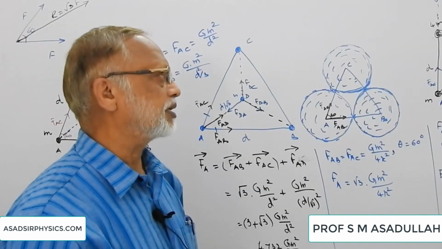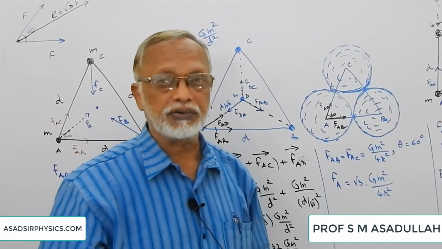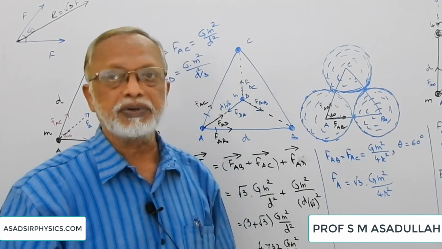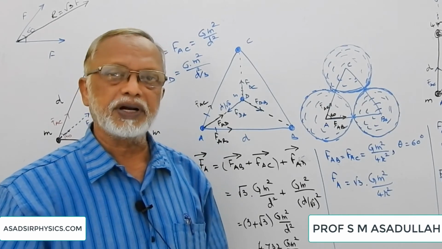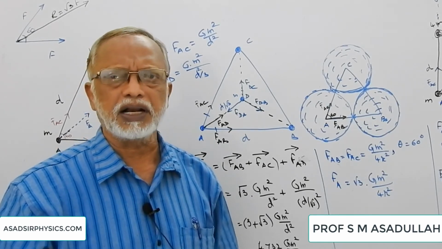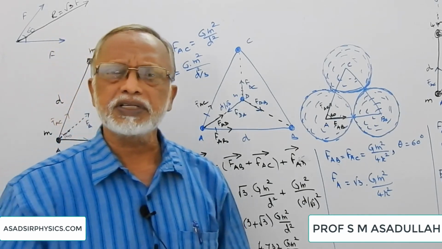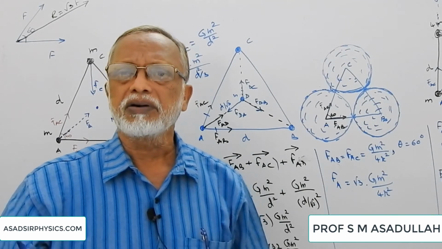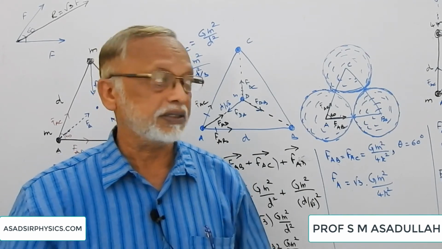Now let us consider another problem where the masses are different. I have told you that masses can be different also, distances also can be different, angles can be different. If you get the concept, the only thing is you have to apply the parallelogram law. If the problem is simple, you can directly make use of the knowledge you have of what the resultant can be for a given angle.